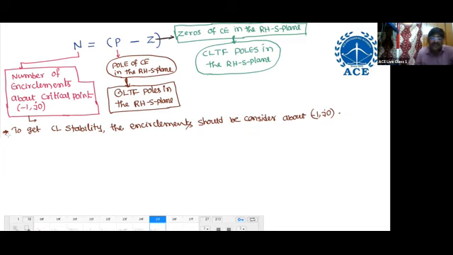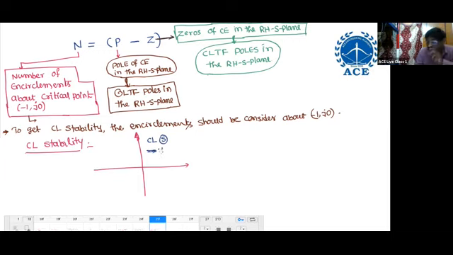Next, what is the condition for closed loop stability? When the closed loop system is stable, there should not be any closed loop pole in the right hand side. That means closed loop poles in the right hand side should be 0.